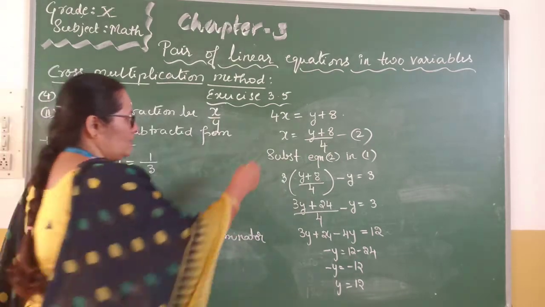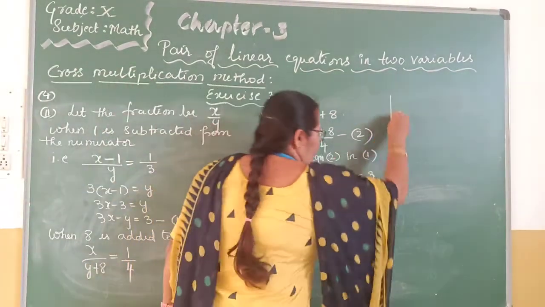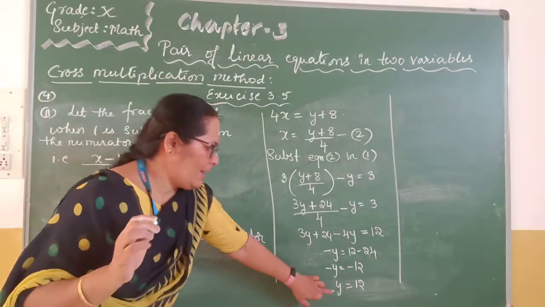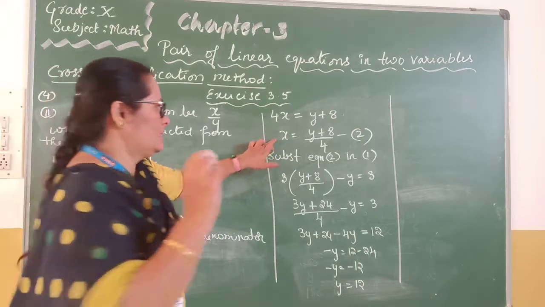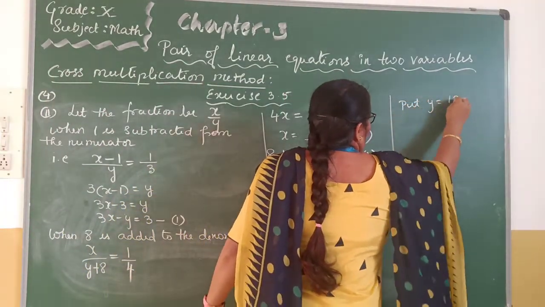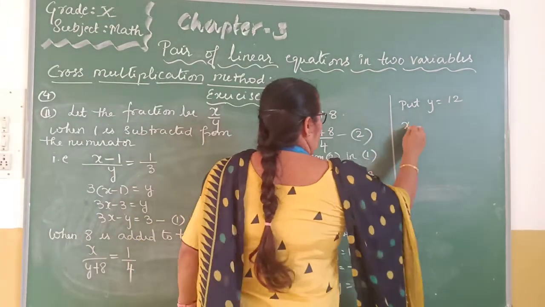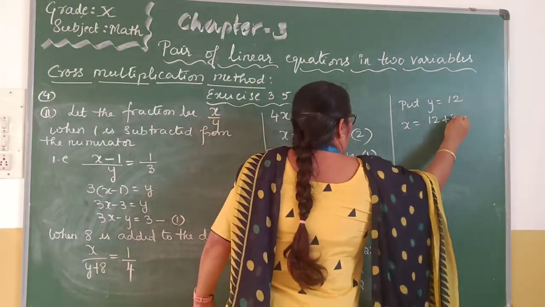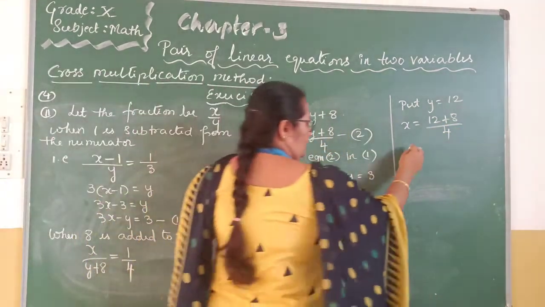When y equals 12, then what is x? So put y equals 12. Then x is 12 plus 8 by 4. 12 plus 8 is 20.